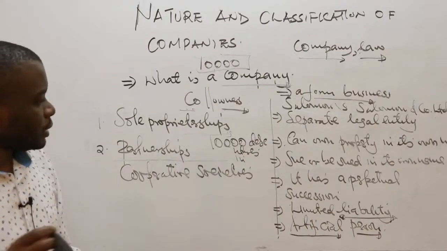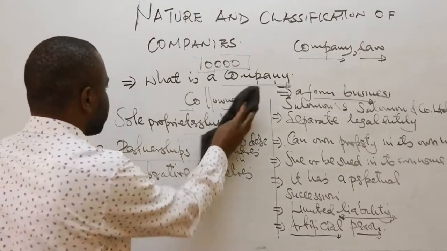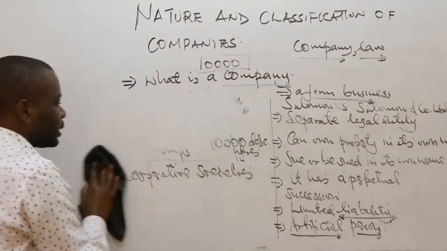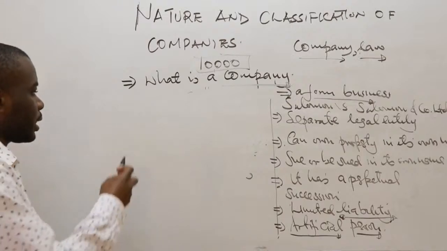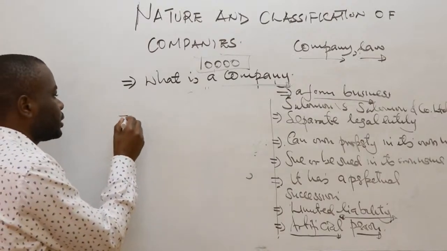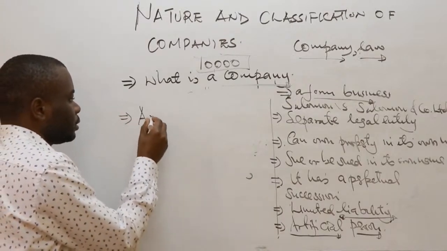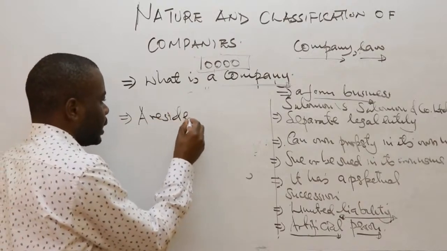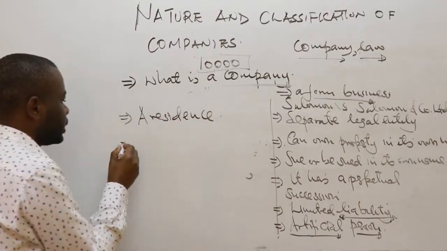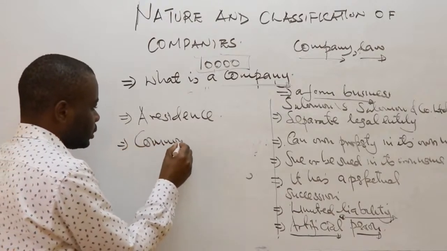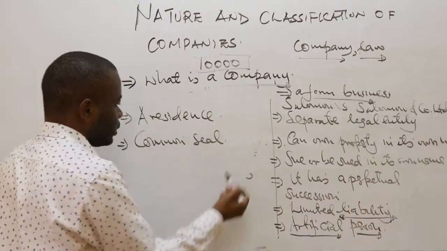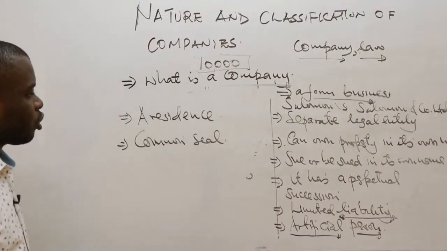So apart from these ones, you can also talk about other characteristics such as a company having what is known as a residence, and a company having what is known as a common seal.